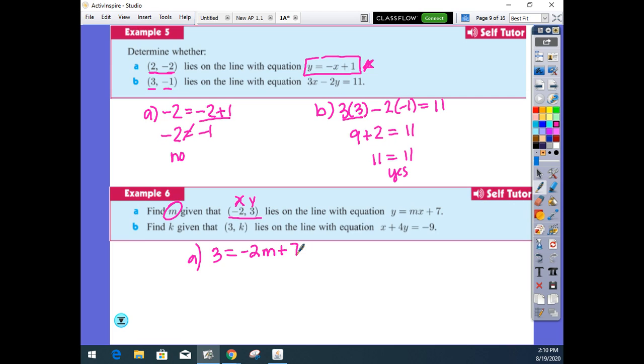So replace the x and the y. I'm going to subtract 7 from 3 and get -4. Divide by -2 to get +2. In order for this point to be on this particular line, m has to be 2.